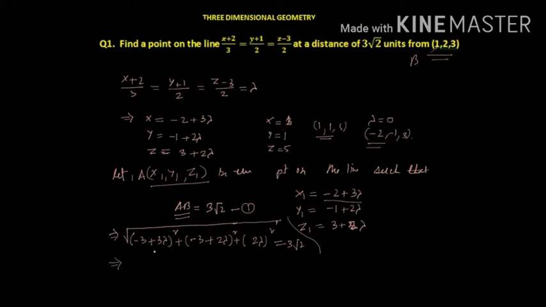Now I think you people can do it easily, because all that you need to do here is the simplification. All of you know the formula (a minus b) whole square, and you can easily square both the sides and get what is lambda. And then once you arrive at a value of lambda, put it here, and you will be getting the values of x1, y1 and z1, and that is nothing but the required point that they are asking. I hope it is clear to all of you.